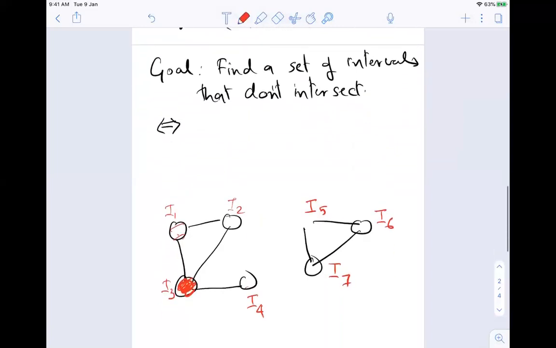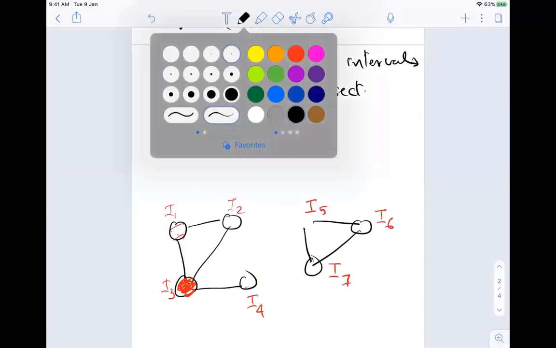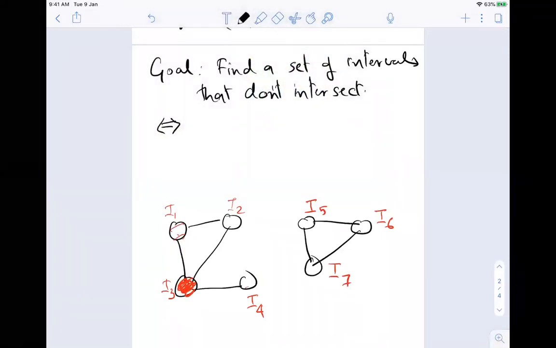That means if I choose this vertex, I cannot choose this vertex because they have an intersection. Similarly, if I choose this vertex, I cannot choose this vertex. Do we want to find the complete subgraph of the complement of this graph? No. Forget the complement. Let's go for this normal graph.